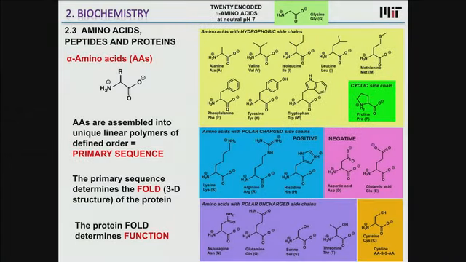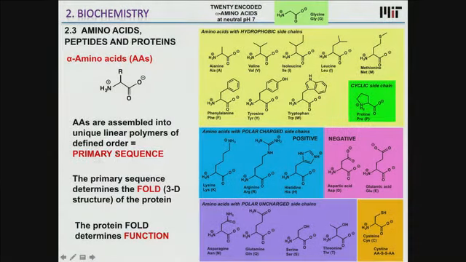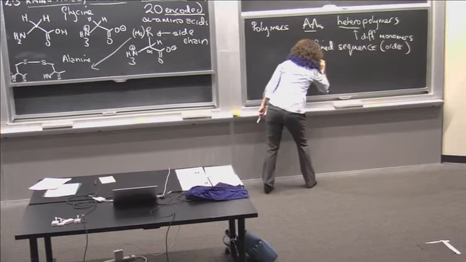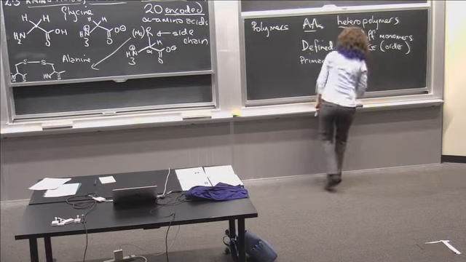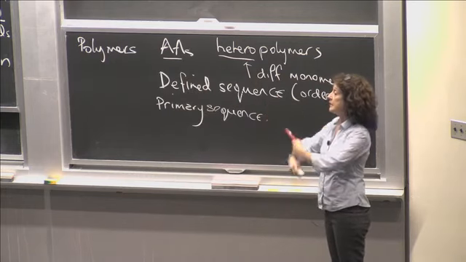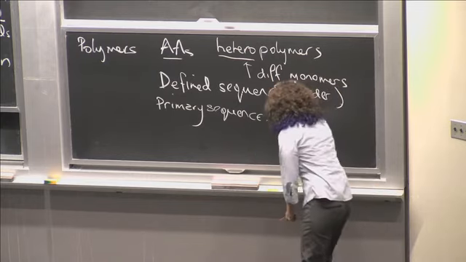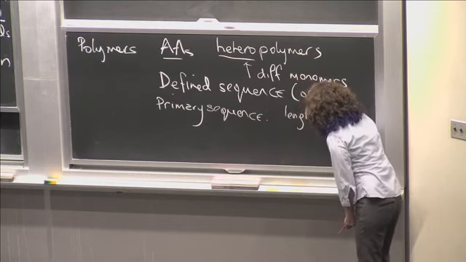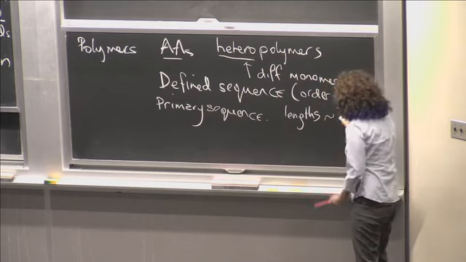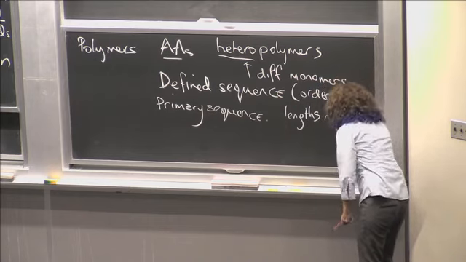Okay, so coming down the side here, amino acids are assembled in a unique linear polymer of defined order, and we designate that defined sequence the primary sequence. And proteins can be 1,000 amino acids, 1,500, 100 amino acids. They can be various lengths. Where we would generally consider the smallest protein to be about 400 amino acids, and you might go up to thousands of amino acids.